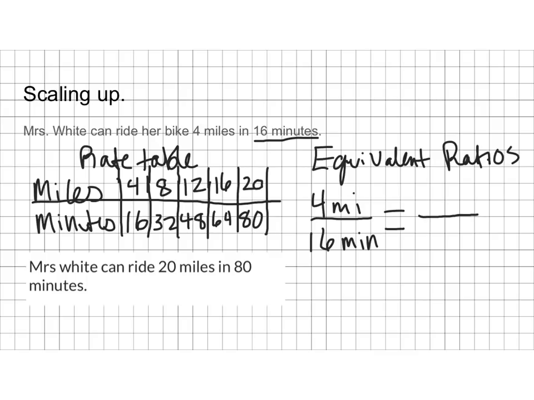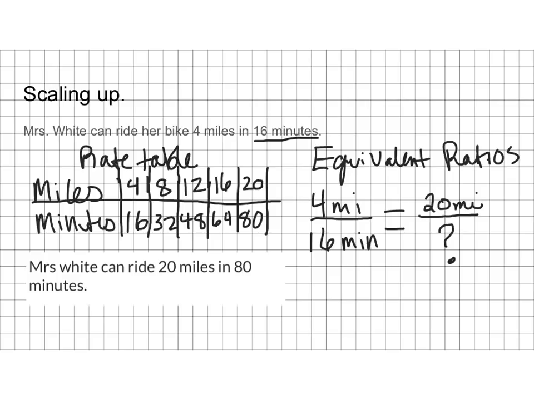And then I'm interested in how long it would take her to go 20 miles. So I'm going to put 20 miles up top, and then we've got to work to figure out what belongs in the bottom in order to keep this equivalent, in order to keep the rate the same.